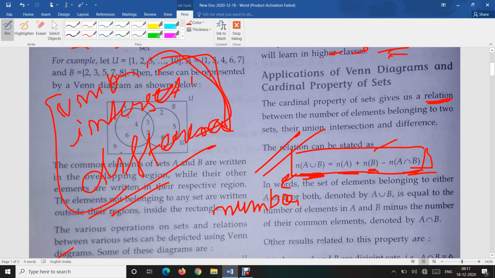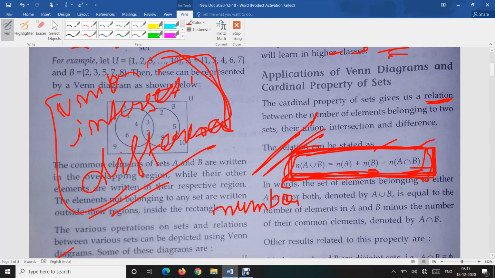You have to write this formula in your notebook with a highlighter, or you can put this formula into a box.